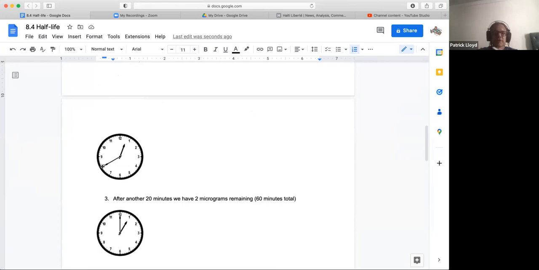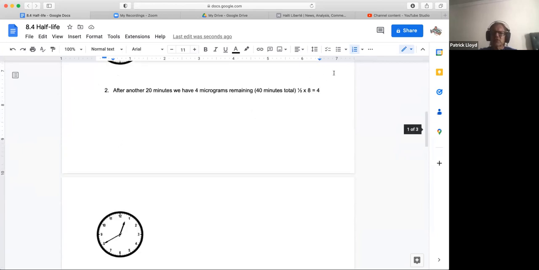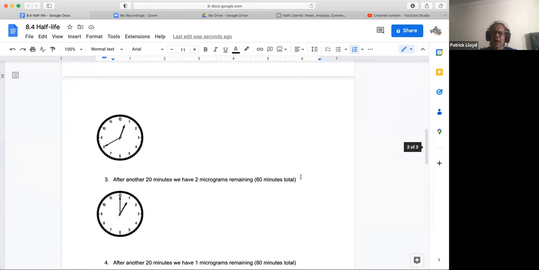Now let's go another 20 minutes. Another 20 minutes will get us right to 1 o'clock. So at 1 o'clock, we go 1/2 again. So if we have 4, 1/2 of 4 should give us 2 micrograms remaining. So at 1 o'clock, we should be down to 2 micrograms.